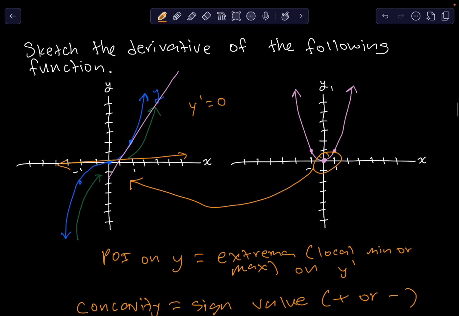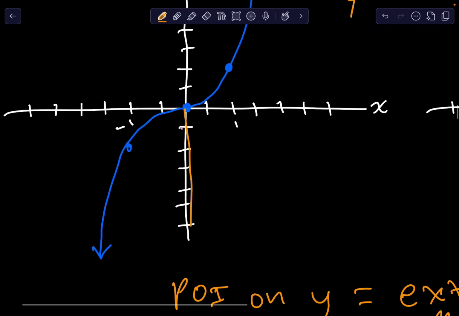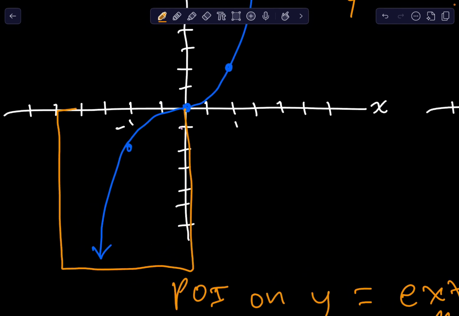So let's look at our original graph of just y, this kind of cubic function of sorts. Let's break this section into its own thing. And how did I know where to break this up? Well, I did it through the point of inflection, because at the point of inflection is where our second derivative is changing signs.